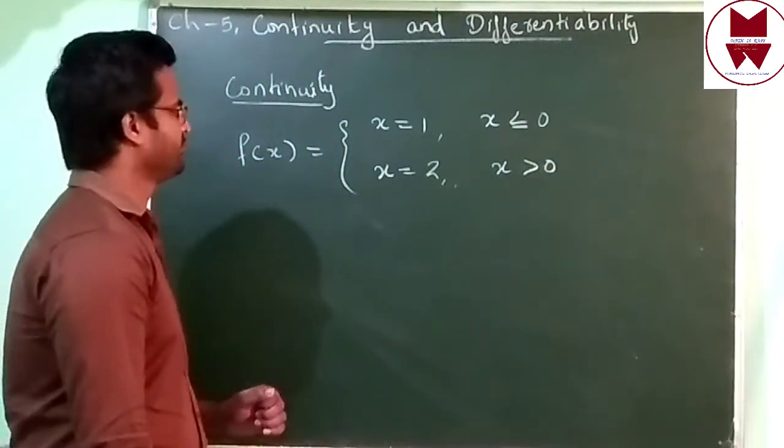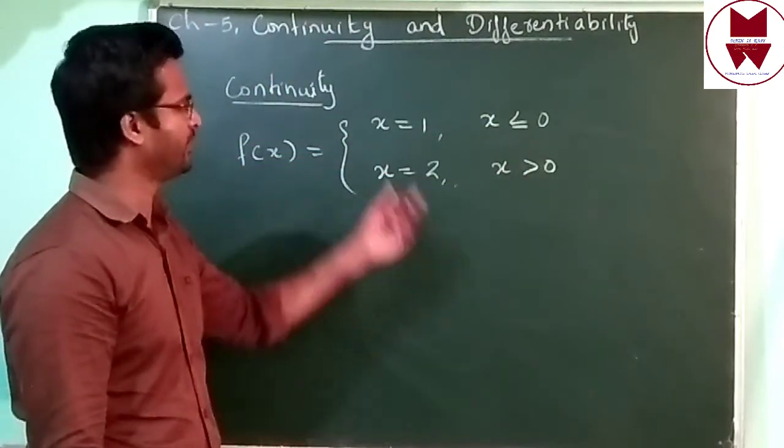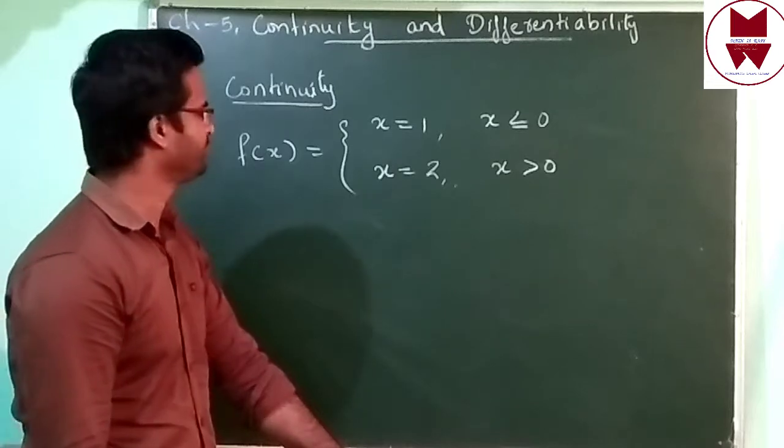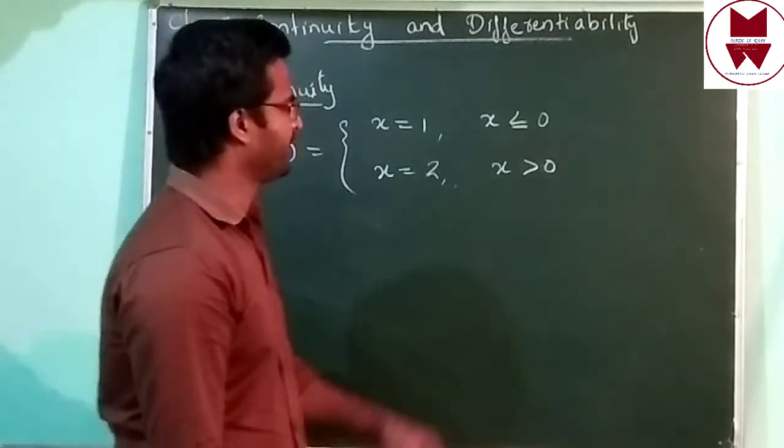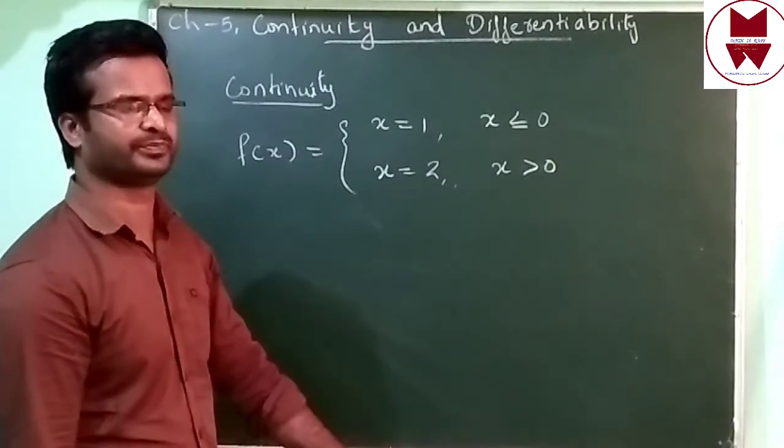For this function, when x is less than or equal to 0, the value of the function will be 1. In case x is greater than 0, the value of the function will be 2.